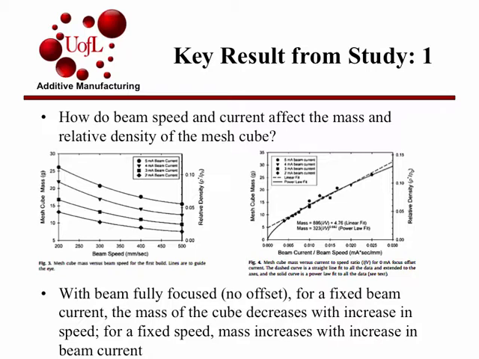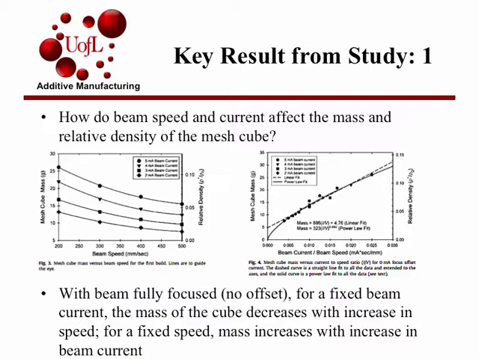So the first result from the study: how did beam current and speed affect the mass and relative density? As you see with the one on the left here, with the beam fully focused, which means it was not offset to any degree, the mass of the cube will decrease with an increase in speed.